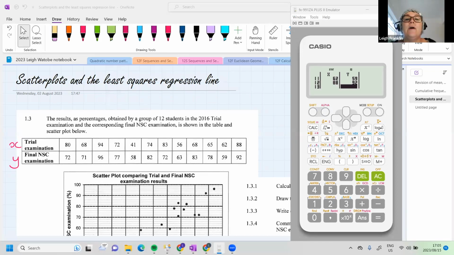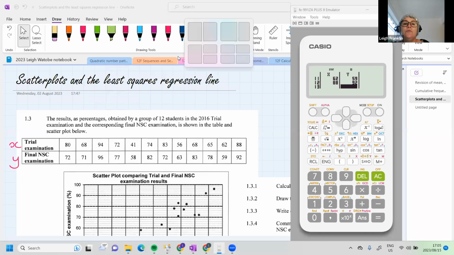Now once you've entered the X and the Y values, is everybody ready? You've entered your X and your Y values. You're all ready. Yes, Gugu says. Good. Okay, so everybody's ready now.